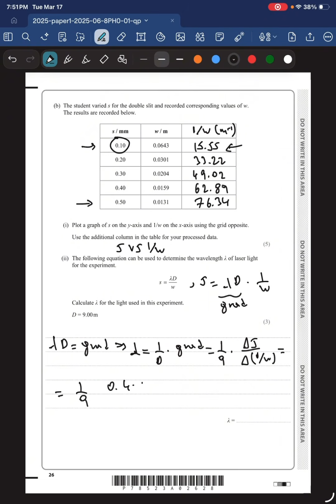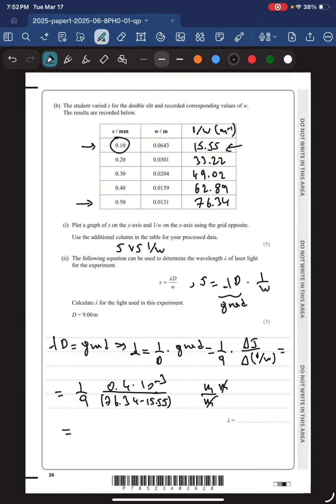And then we have 0.4 times 10 to the negative 3 meters in the numerator over delta of 1 over W, which is 76.34 minus 15.55. And this is in meters for the D, and then meters in the numerator as well.